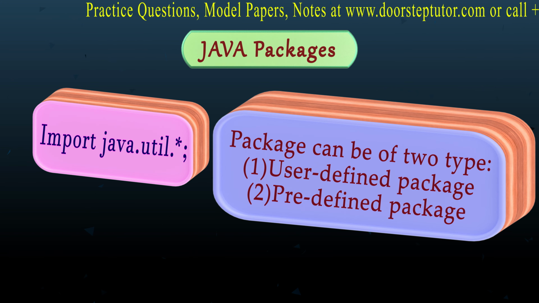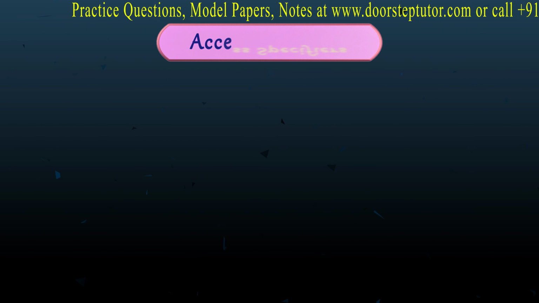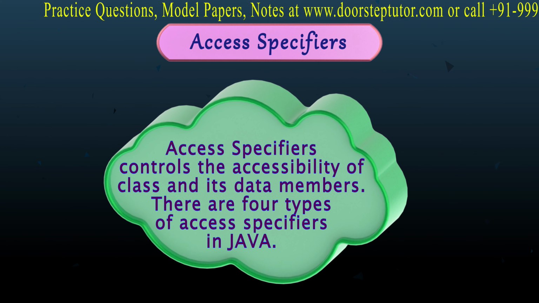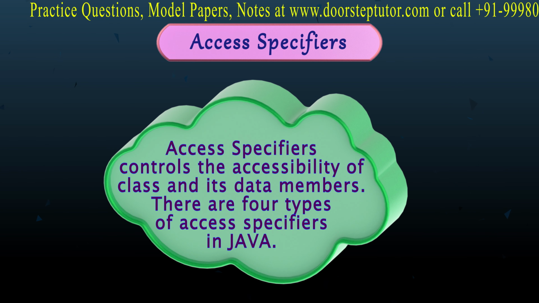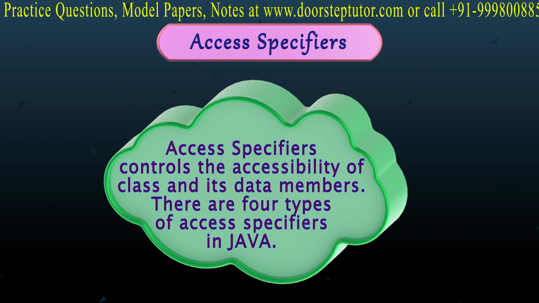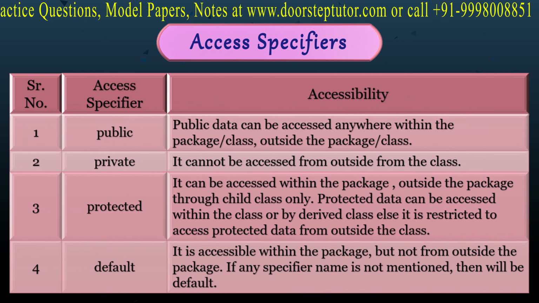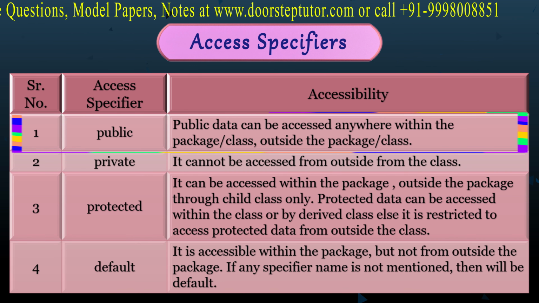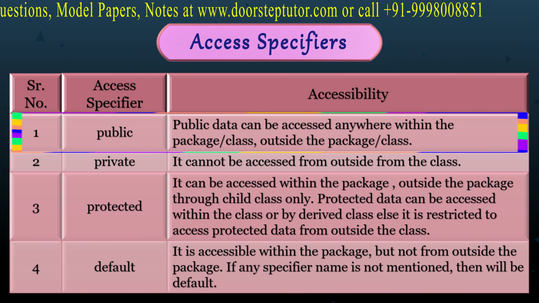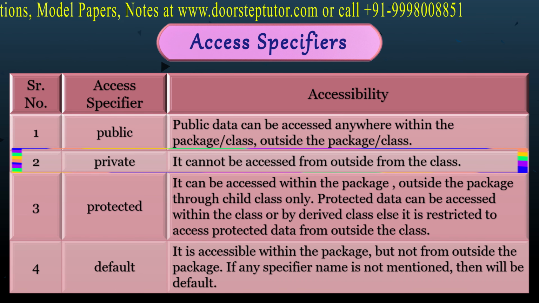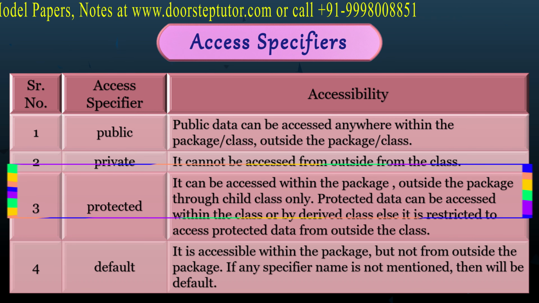So let's move to the next slide. We have some access specifiers. They mean who can access the variables and functions and who cannot. According to that, we can mention the access specifiers. There are four types of specifiers over here: public, private, protected and default. Public means that anybody can use this. Next is private. Private simply means that it cannot be accessed from outside the class. Only within the class it can be used. Then is protected.